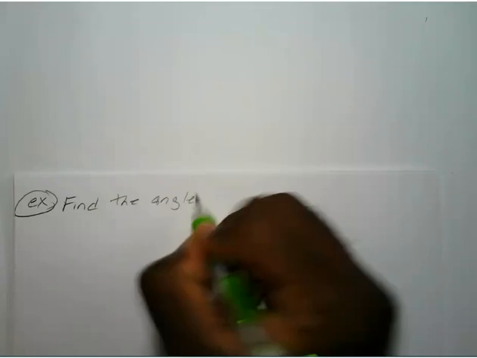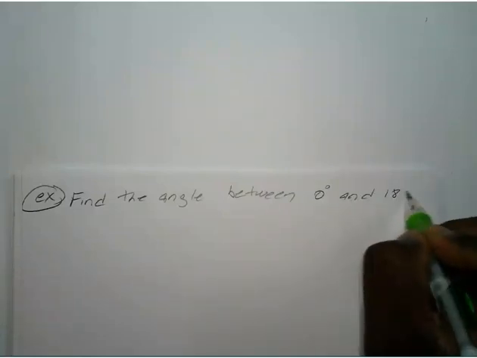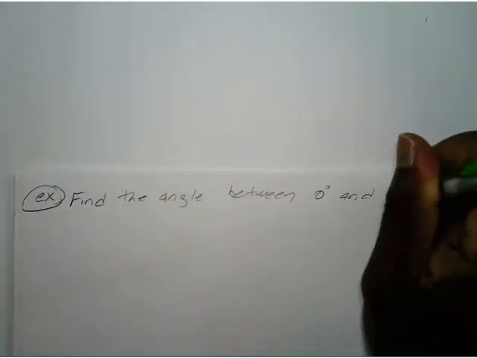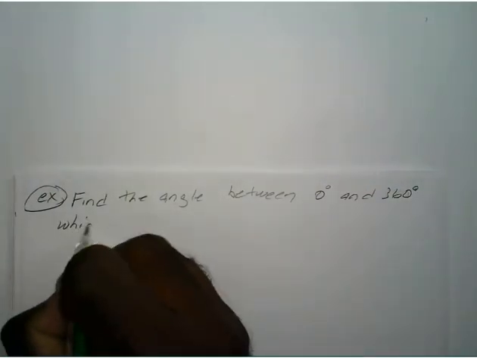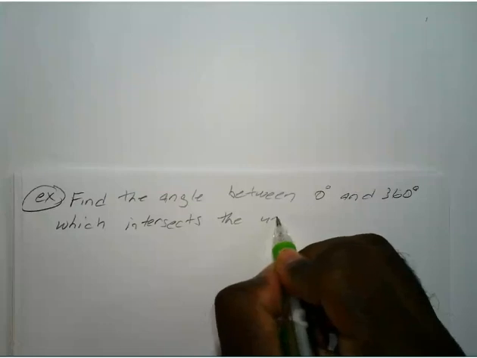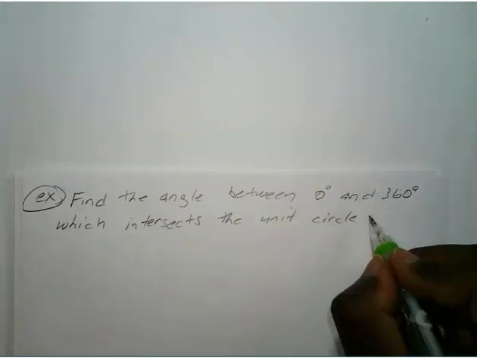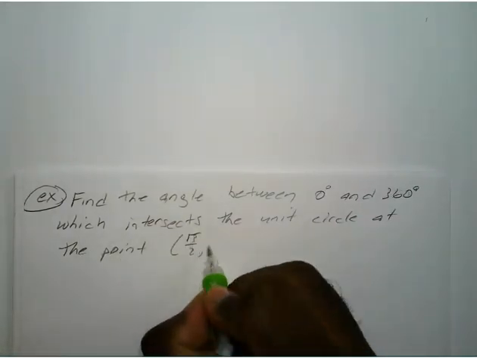Let's say for this example, what if we wanted to find the angle between 0 degrees and 360 degrees, which intersects the unit circle at the point square root of 3 over 2, negative 1/2.